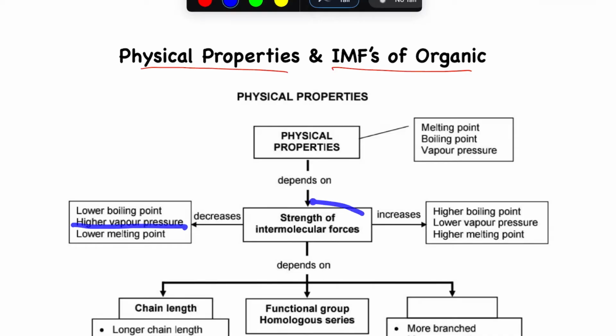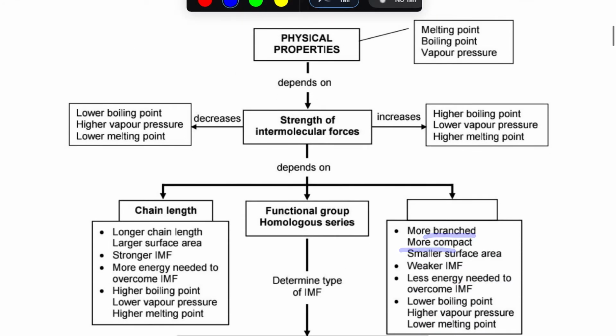Higher vapor pressure means weaker intermolecular force, and lower boiling point means weaker intermolecular force, right? Now, the strength of the intermolecular force depends on 3 things: the chain length, the functional group or the homologous series, and the branching and compactness. We're going to talk about that.